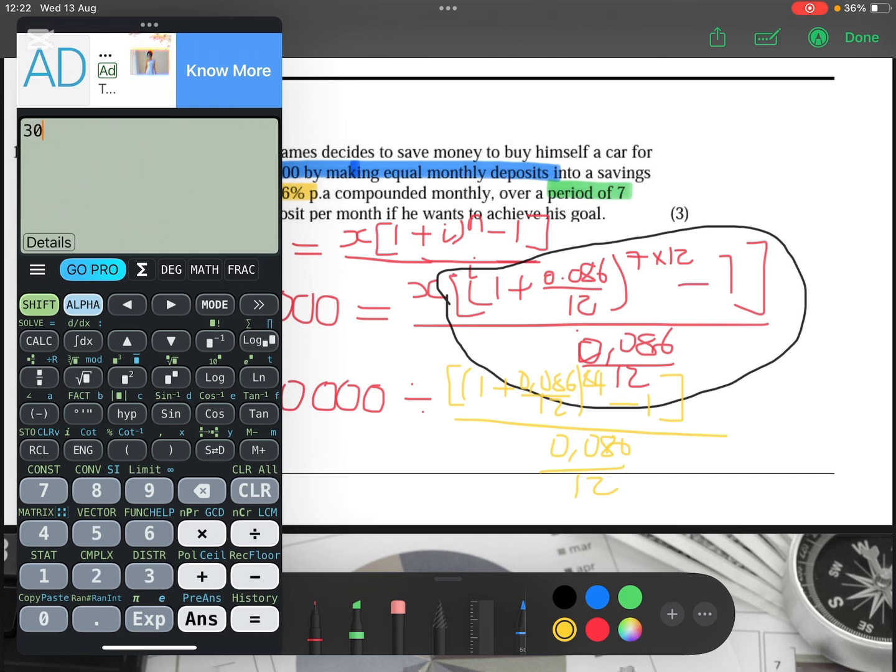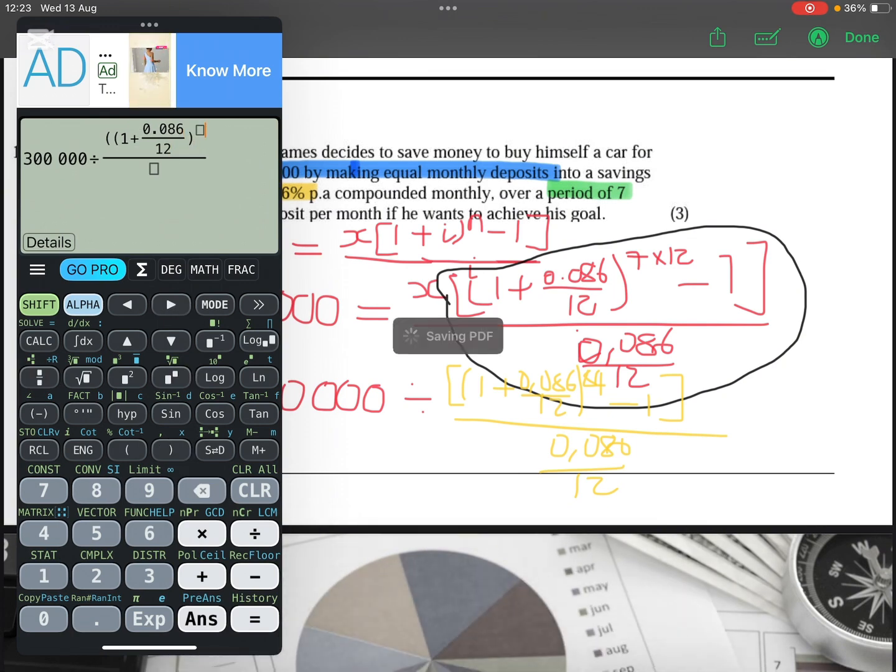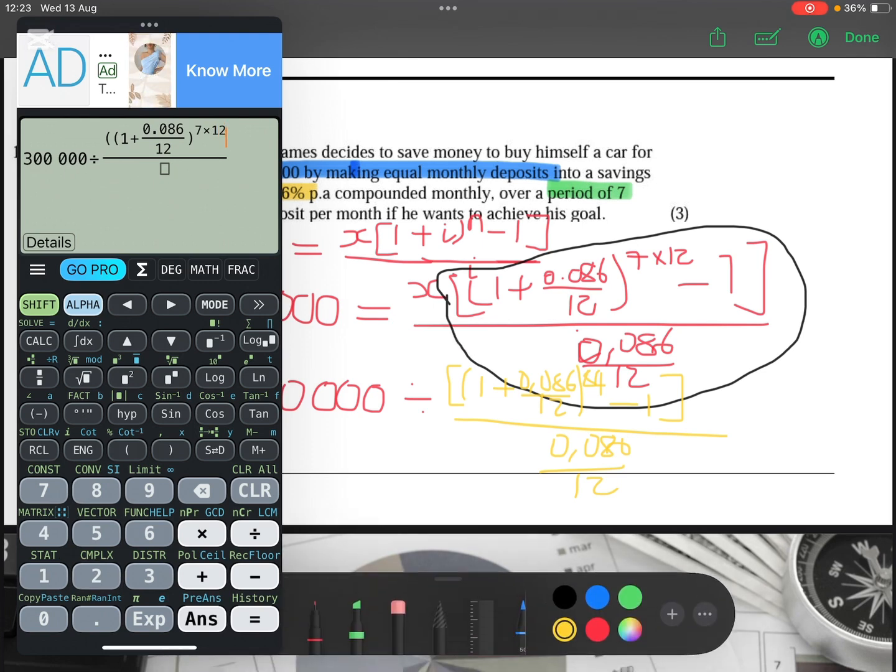So let's see what we're going to get. In that case, we have 300,000, and then you divide by 1 plus the interest rate 0.086 divided by 12, and then to the power of 84, which is 7 multiplied by 12, that is 84 payments, and then subtract 1, and then you divide by the interest rate, which is 0.086 divided by 12.